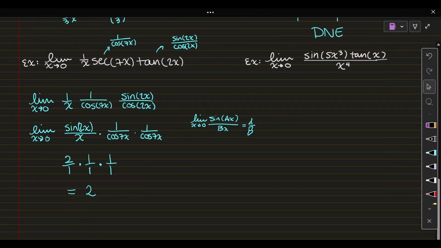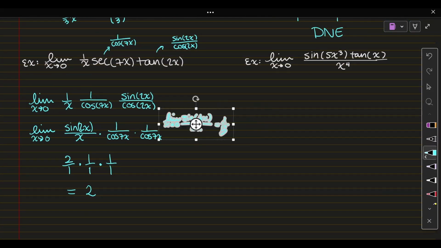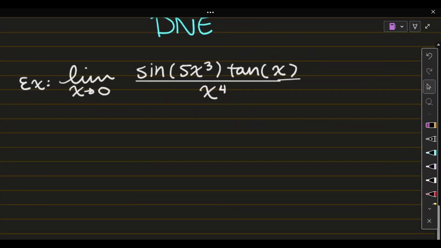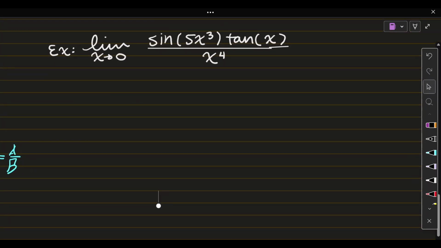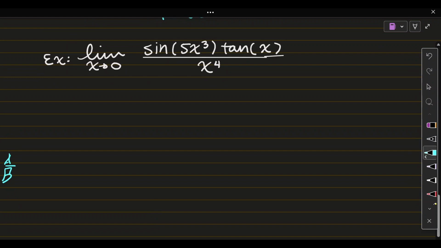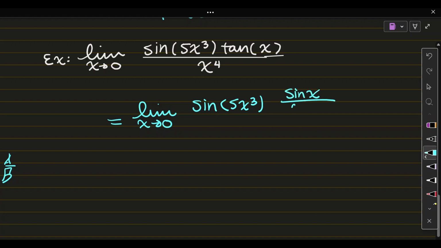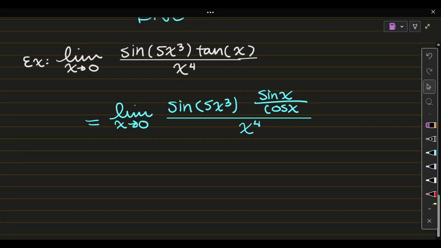Okay. Next, I have the limit as x goes to 0 of sine 5x cubed tan x over x to the 4th. So I can rewrite this as the limit as x goes to 0 of sine of 5x cubed. And then remember, tangent can be rewritten as sine x over cosine x over x to the 4th.